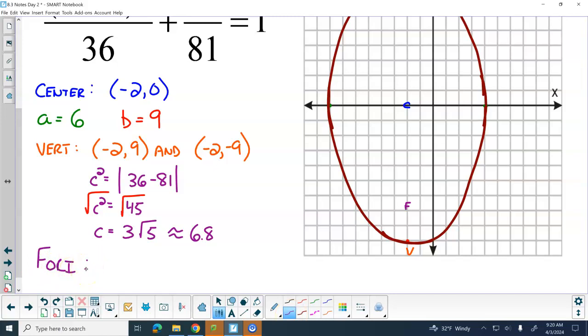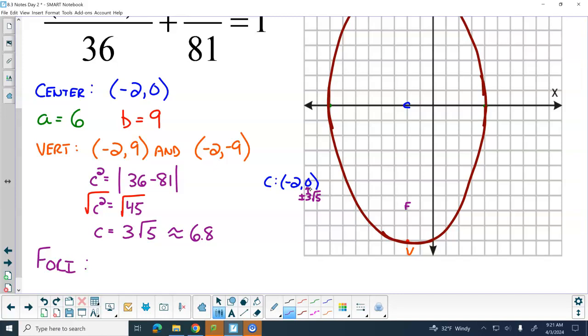The major axis was vertical, so I'm going to add and subtract 3 square roots of 5 to the y part of the center.